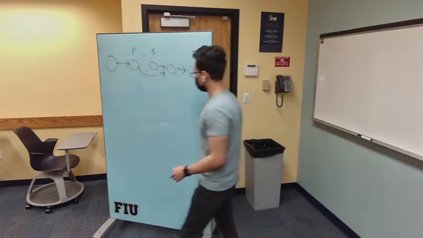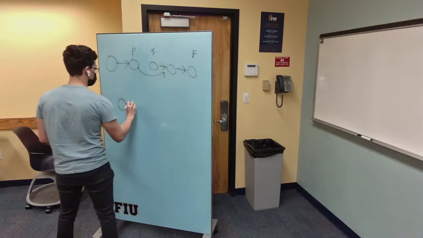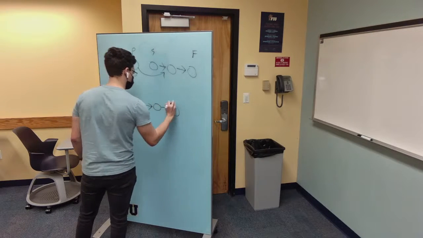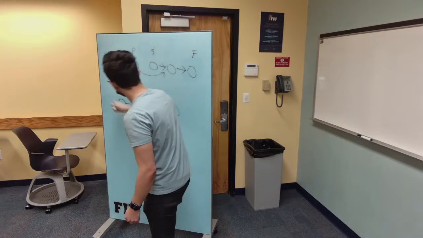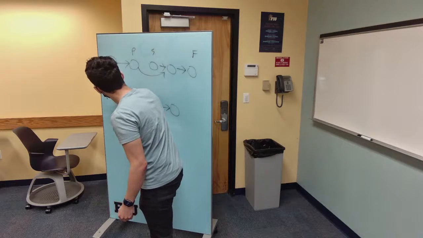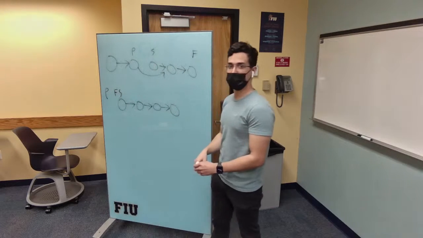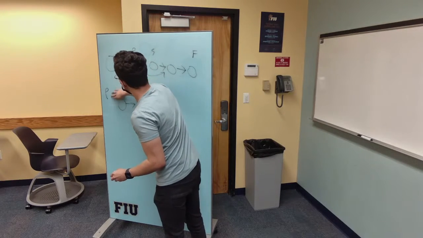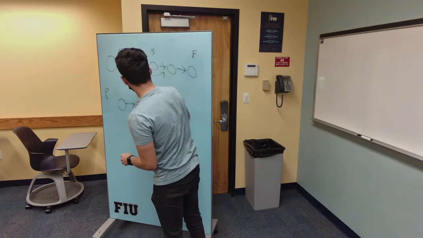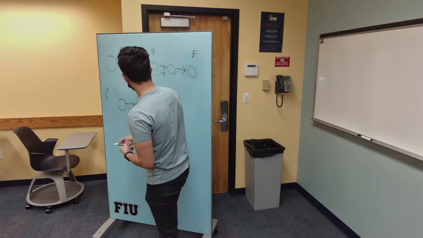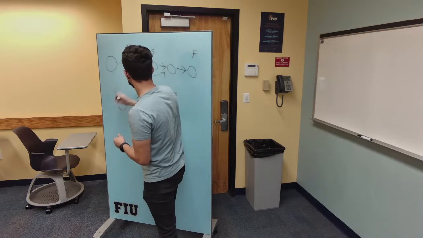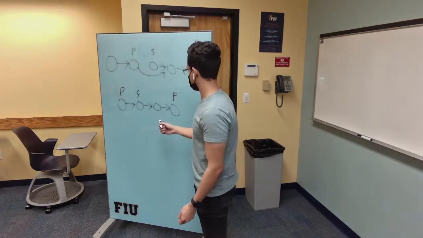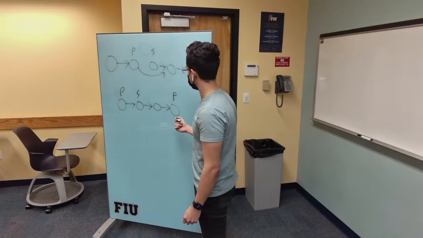So let's do another one. I'm going to do one that's even size. Four, that's good. Previous and fast. Right? So, remove. And actually, how did I think about it?